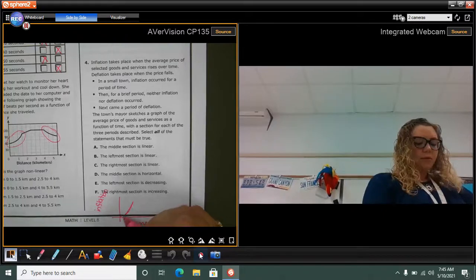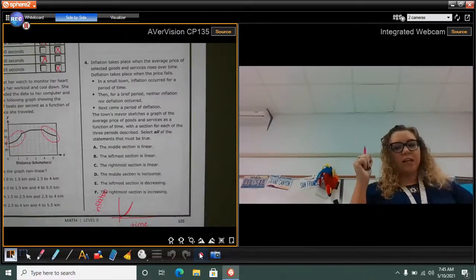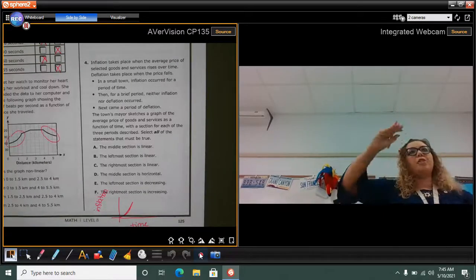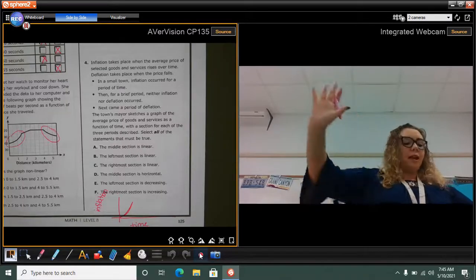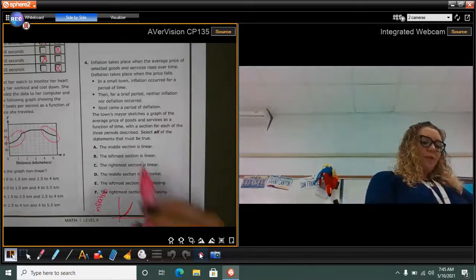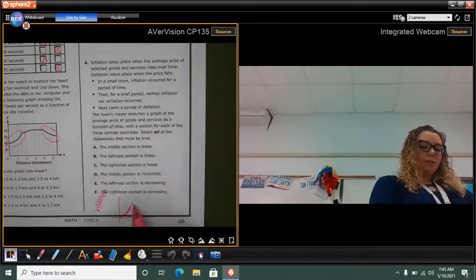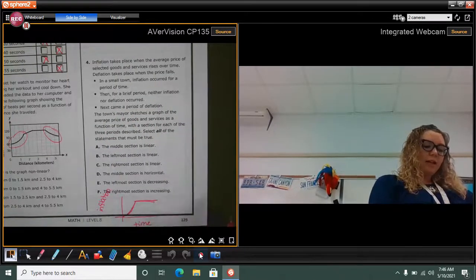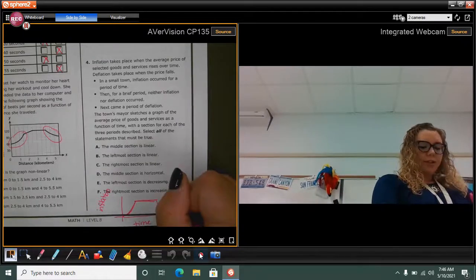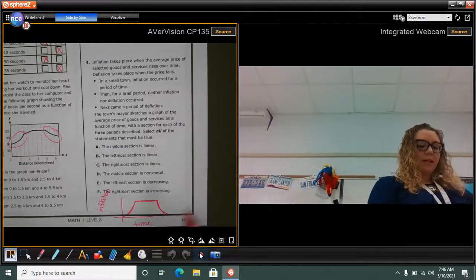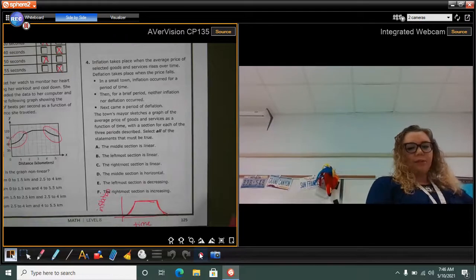It's not linear, it's not a constant inflation, it can change, but over time, it's kind of curving like this. Then for a brief period, neither inflation nor deflation occurred, so I'm just staying constant. And then deflation happened.